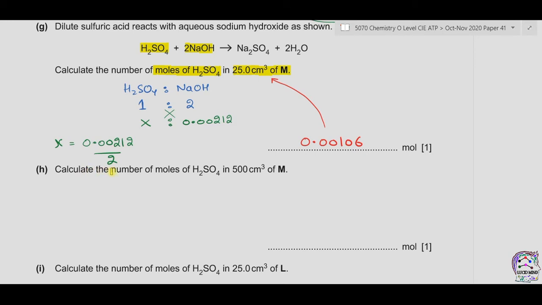Part H. Calculate the number of moles of sulfuric acid in 500 centimeter cube of M. In the last calculation, we have found the number of moles in 25 centimeter cube. So we can write moles ratio volume. So for 0.00106, the volume was 25 centimeter cube.